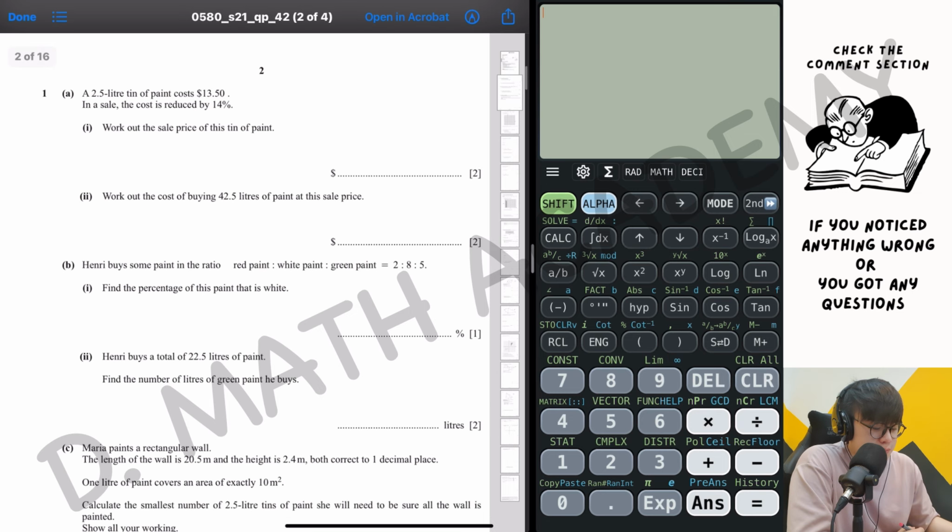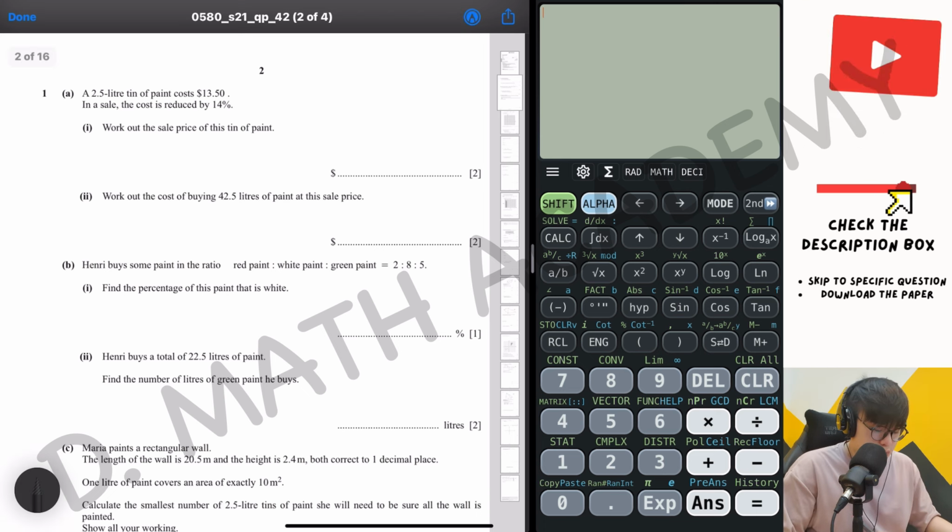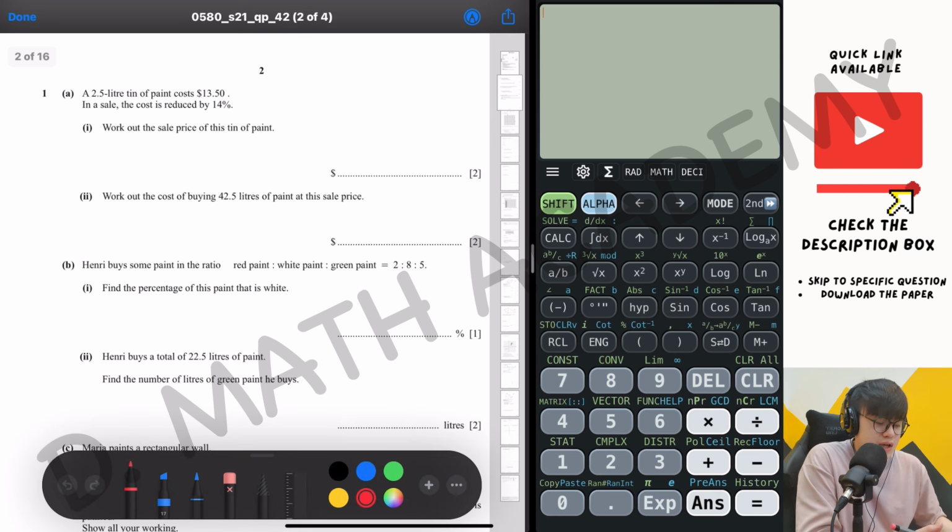So the question goes: 2.5 liters of paint costs $13.50. In a sale, the cost is reduced by 14%. So find the sales price of this paint. What you're required to do is first identify how much balance is left after the reduction.